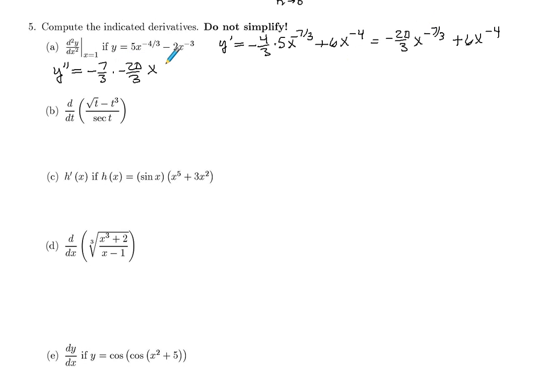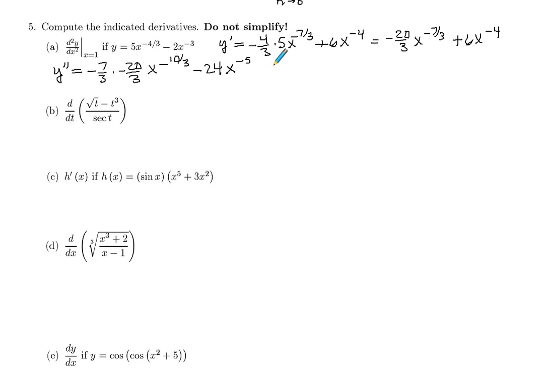So negative 7/3 minus 1 being negative 7/3 minus 3/3, negative 10/3 power. And now negative 4 times negative 6 being negative 24. Subtract 1 from our exponent again, so that goes more negative, be negative 5 power, negative 4 minus 1.